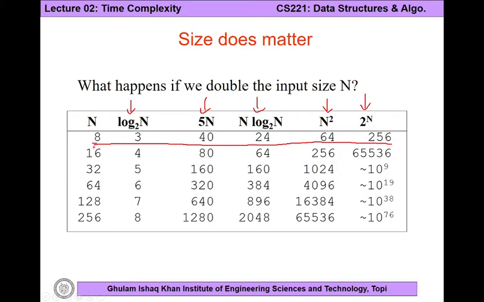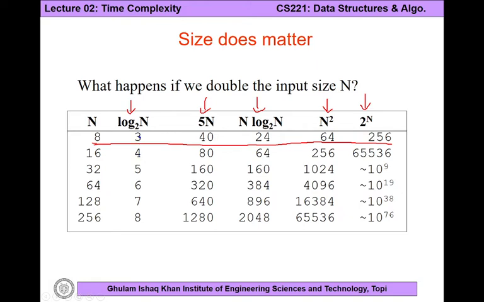Now if you see, when we double the size of the input, that is we go from 8 to 16, there is very little difference observed for a logarithmic algorithm.